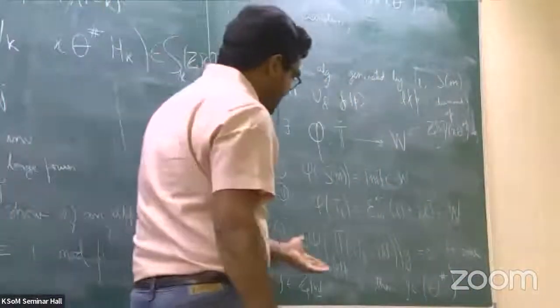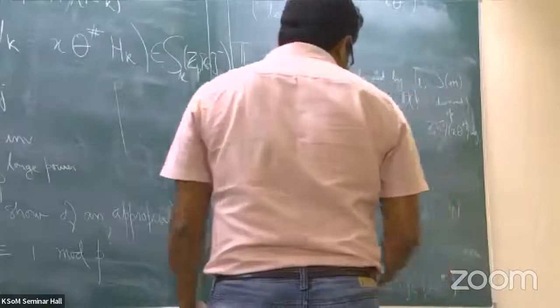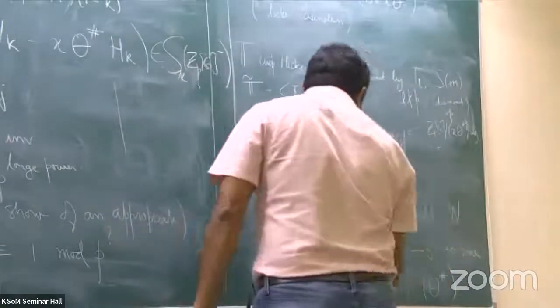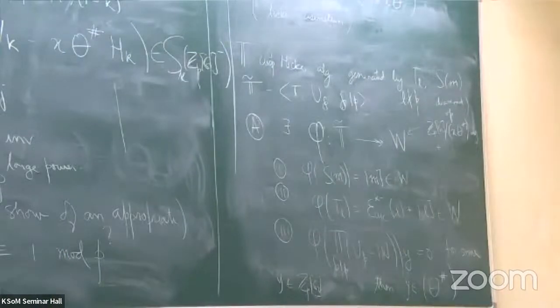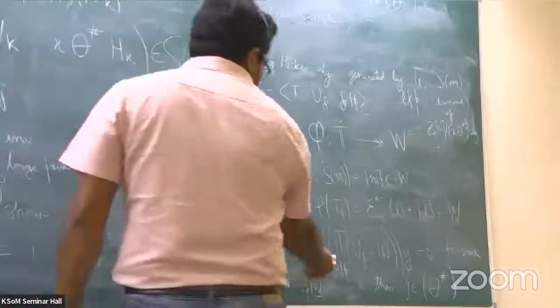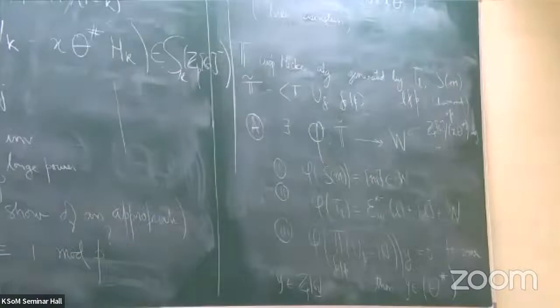So this Y is not some arbitrary thing, it lives inside this ideal. It can't be too small. So this is the most important condition. As I said, unfortunately, I don't think I'll have time to say anything about it.